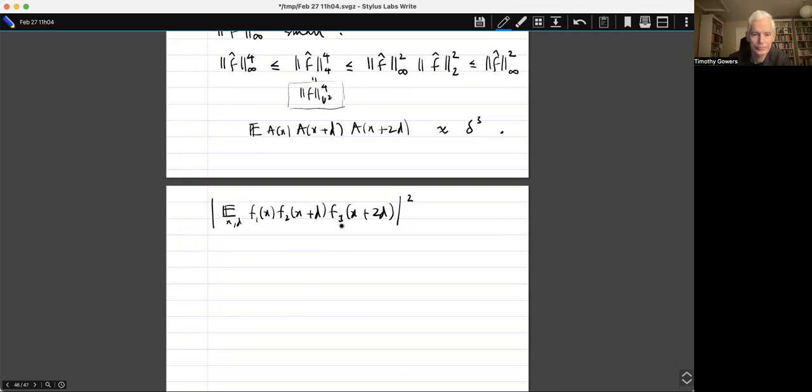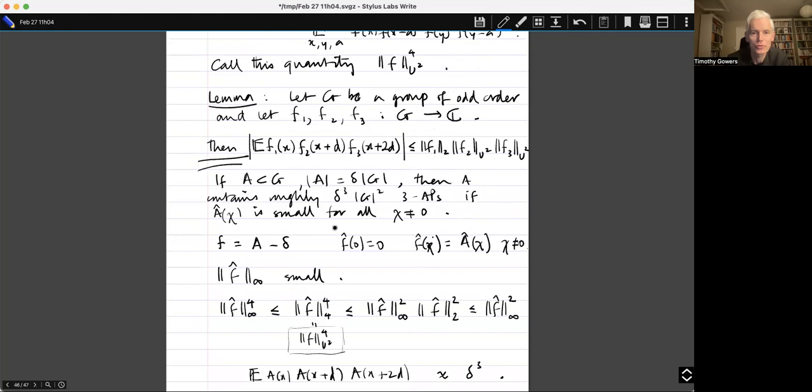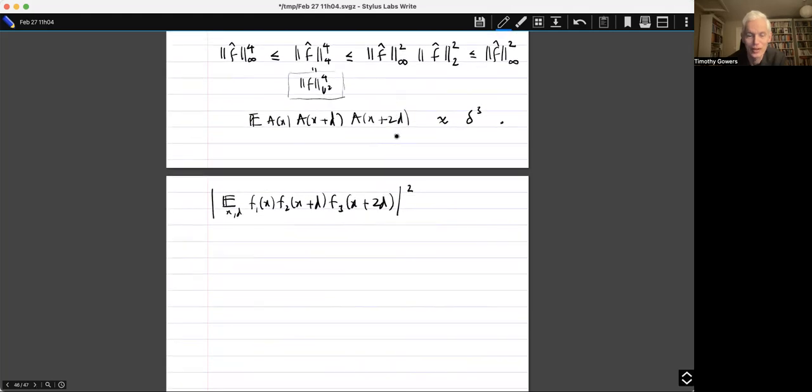And by the way, why have I done the modulus squared? It's just because modulus of a complex number is a horrible function, whereas a modulus squared is not a horrible function, because we can expand it out and that kind of thing. So I'm going to use Cauchy-Schwarz to start with.